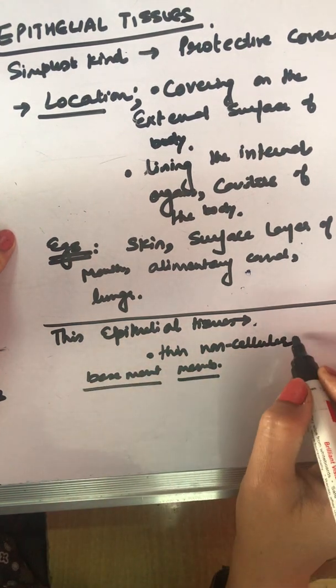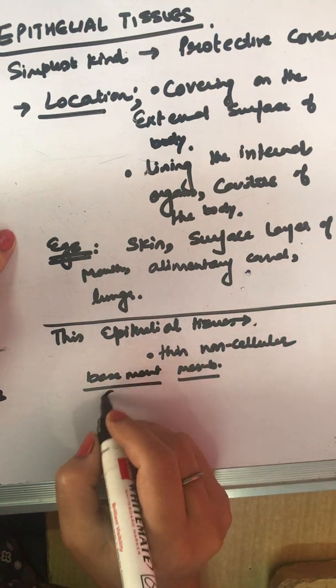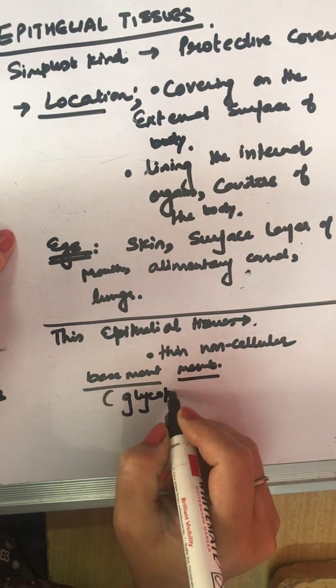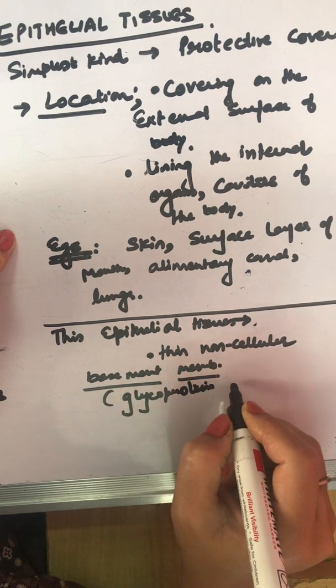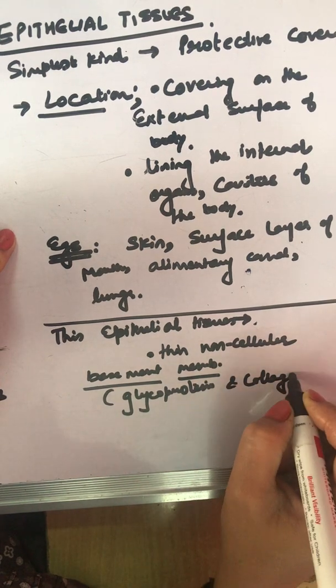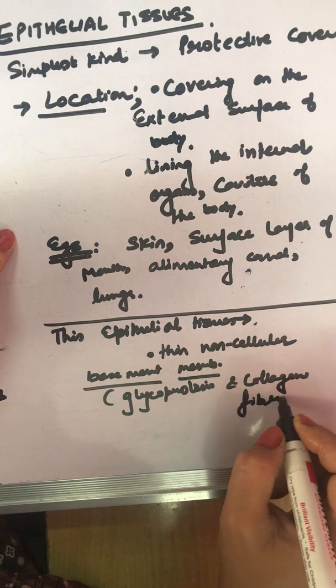What is it made up of if it is not cellular? It is made up of glycoprotein as well as collagen fibers.